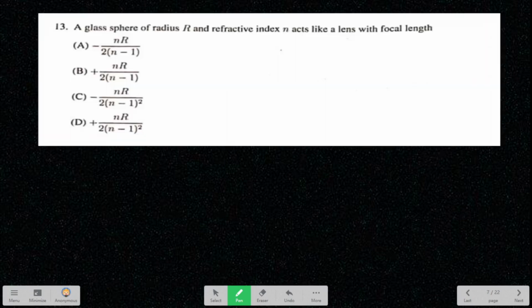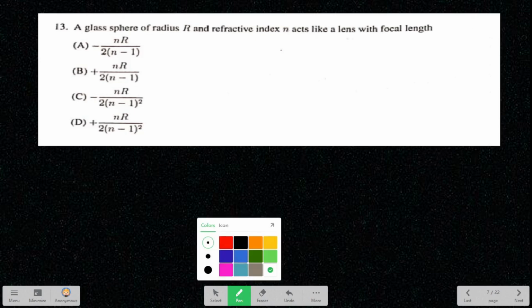So this is from JEST 2021. Here we are asked to find the focal length of the lens. Since we are dealing with a glass sphere, it can be treated as a thick lens, and we can use the thick lens formula.